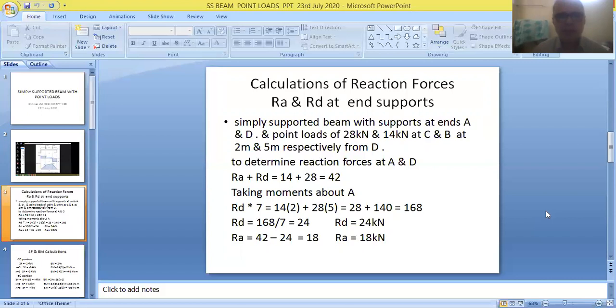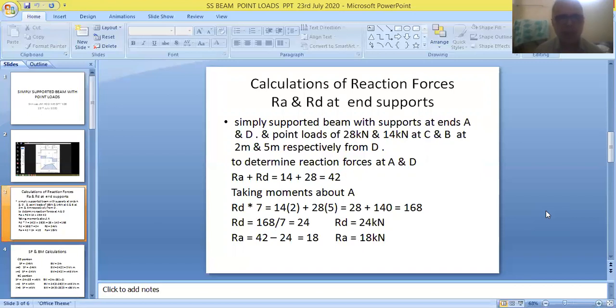These loads are at a distance of 2 meters and 5 meters respectively from point D, that is the right end of the simply supported beam, as already discussed in the previous slide.